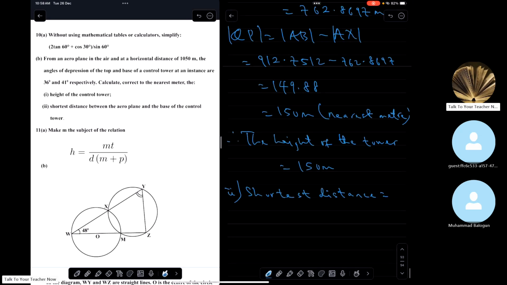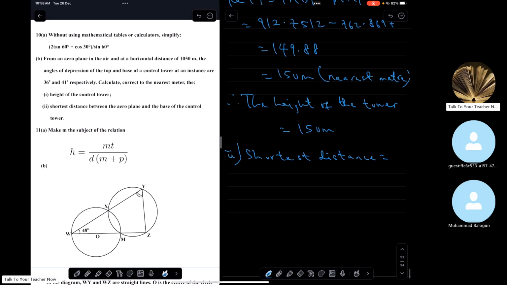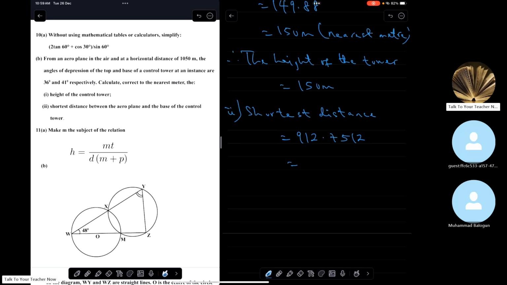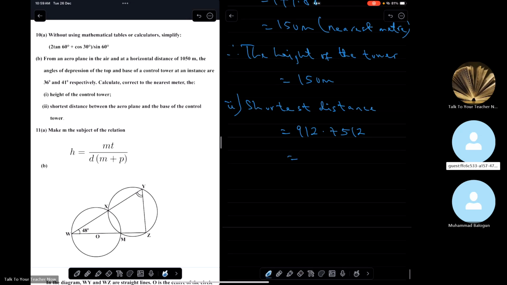What is it? 912.7512 equals 912.7512. They said to the nearest meter. What's it to the nearest meter? 913. Beautiful. 913 meters to the nearest meter.